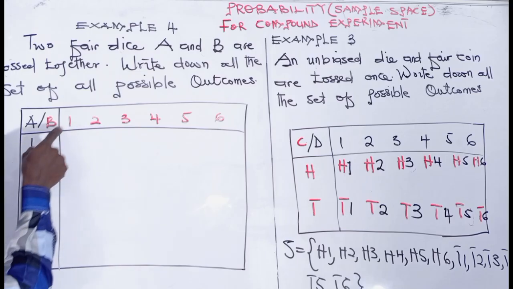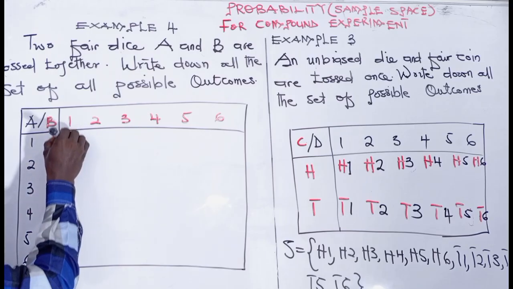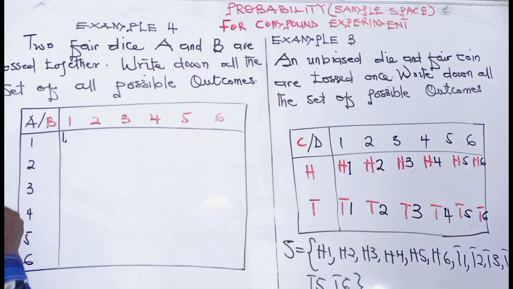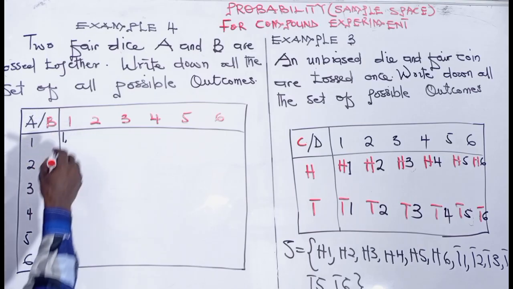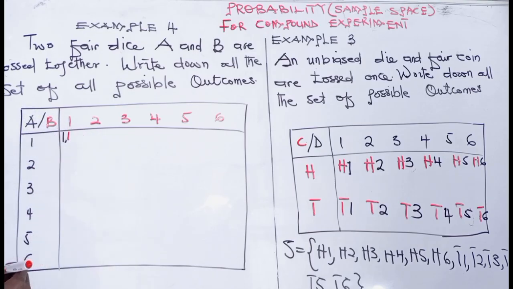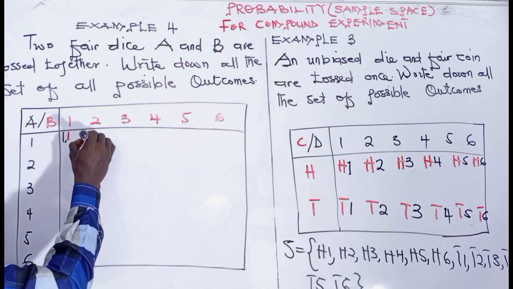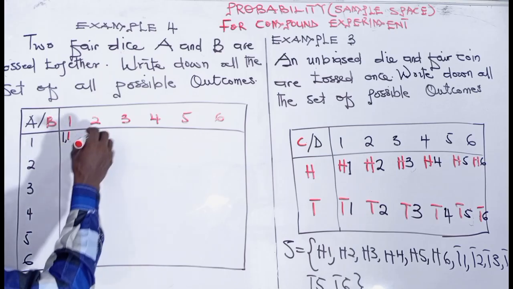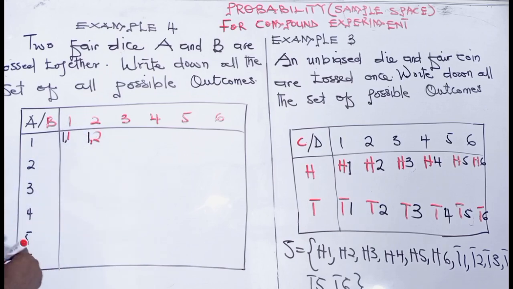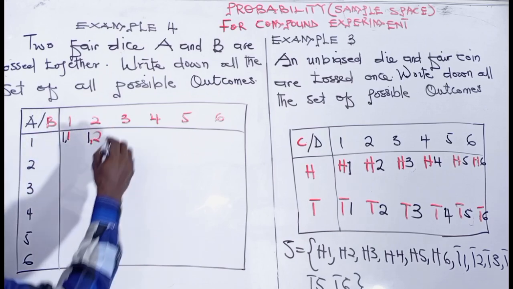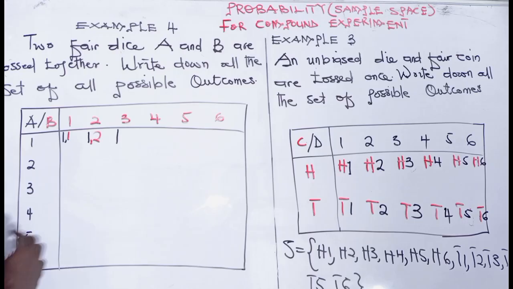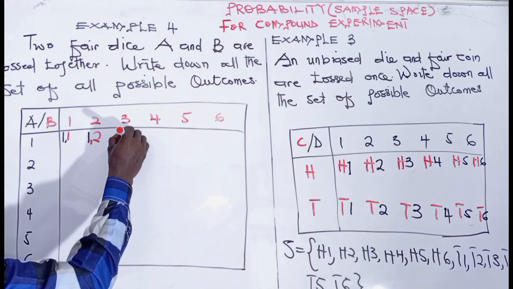So we have 1, 1. Then move on to 1, 2. Then move on to 1, 3.